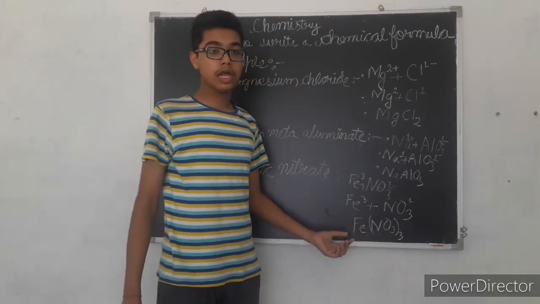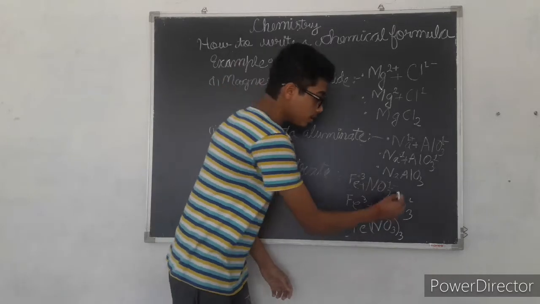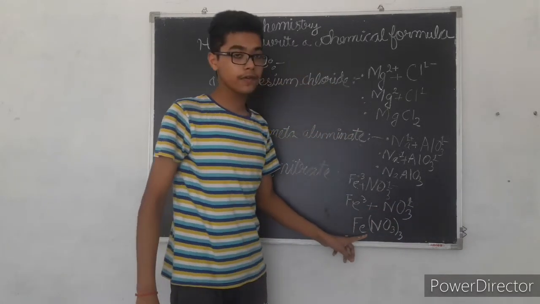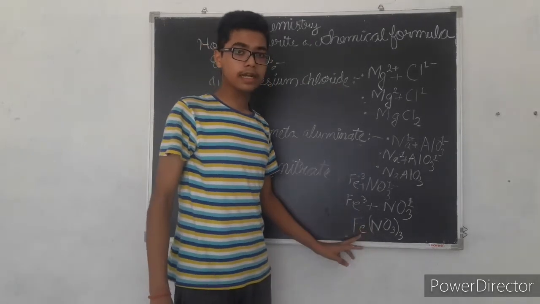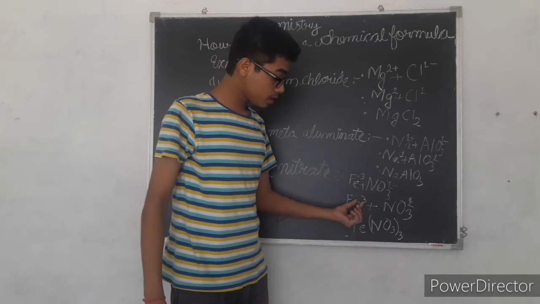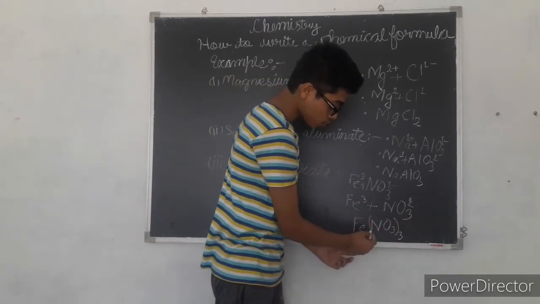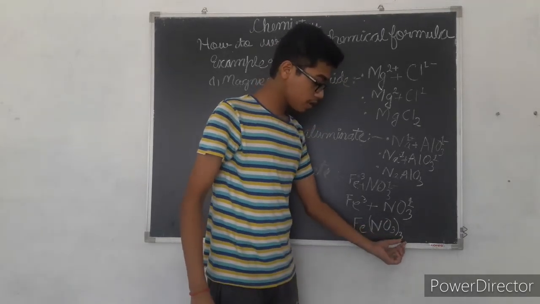So according to the last step, we will interchange their valencies. Here it is 1. This one will come here, and I have told you that it is not necessary to write 1 at the lower right corner, and this 3 will come here. Here there is already a 1 3, so we will use parenthesis to write this 3.